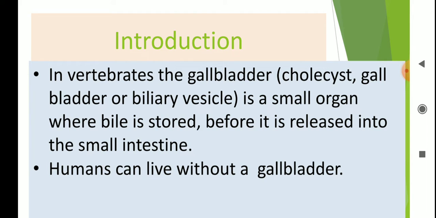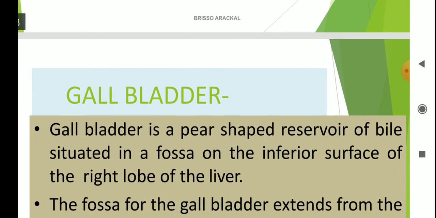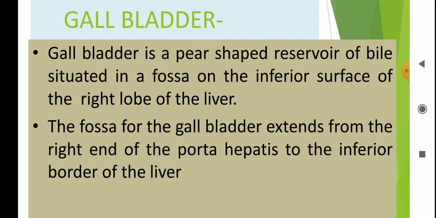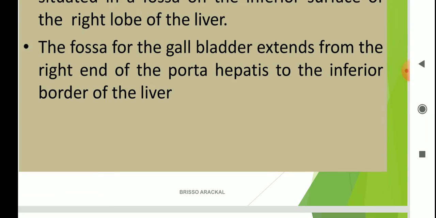Humans can live without a gallbladder. It's a pear-shaped reservoir of bile situated in a fossa on the inferior surface of the right lobe of the liver. The fossa extends from the right end of the porta hepatis to the inferior border of the liver.